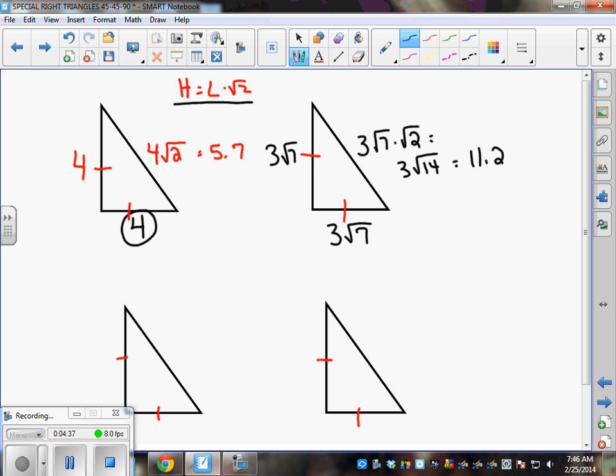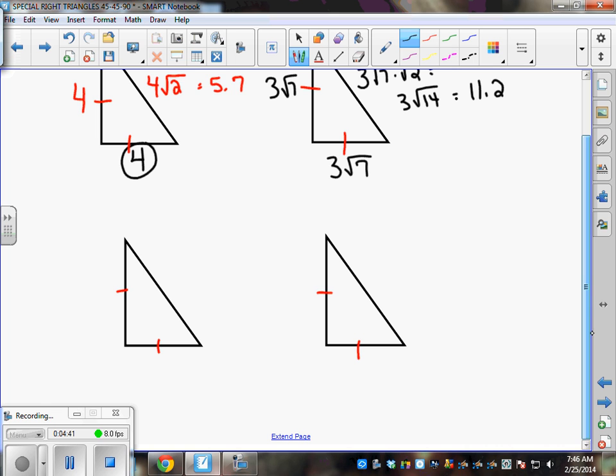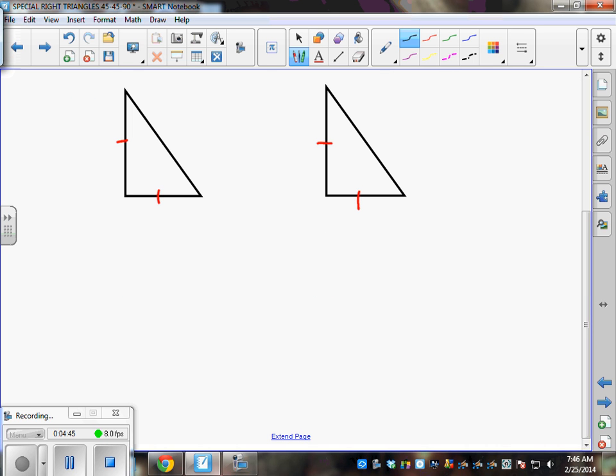All right, last thing, let's look at what if you know the hypotenuse. Let's say that I knew that the hypotenuse was 16. When you know the hypotenuse, to get the leg, you divide by the square root of 2. So I take 16 and divide by the square root of 2.